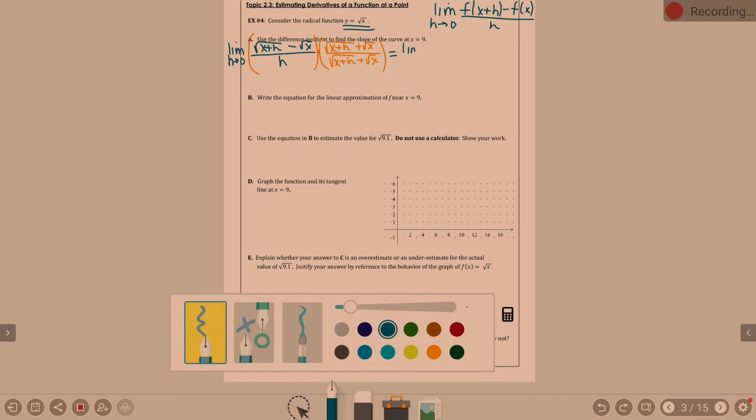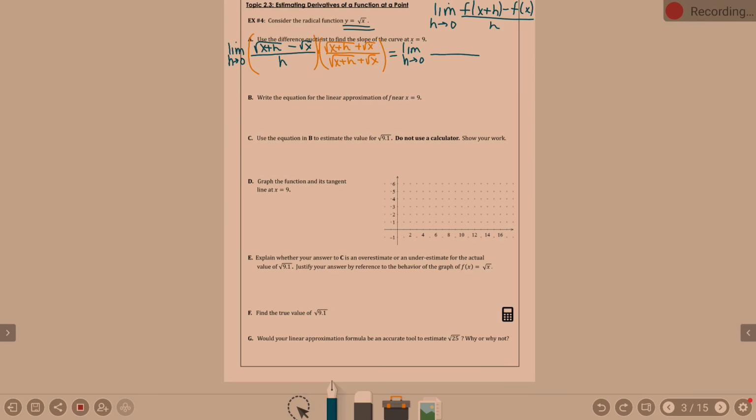Equals the limit as h approaches 0. What happens in my numerator when I FOIL that? Square root times square root gives me x plus h. My outsides and insides will cancel. Then negative square root of x times positive square root of x is going to be minus x, all over h times square root of x plus h plus square root of x.